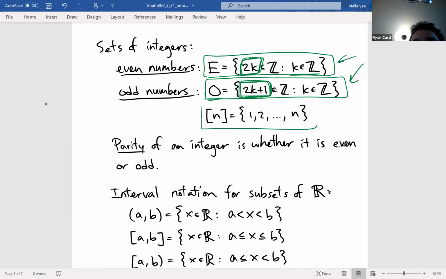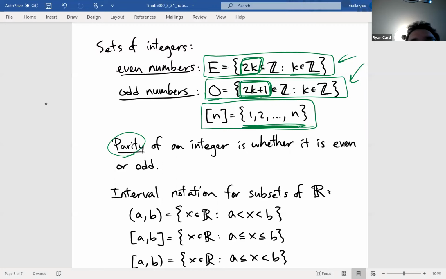And I don't know how common this notation is, but it's a useful one, so we'll use it. If I write square brackets n, this is all of the integers 1 through n. Another term that's related to even or odd integers is the word parity.